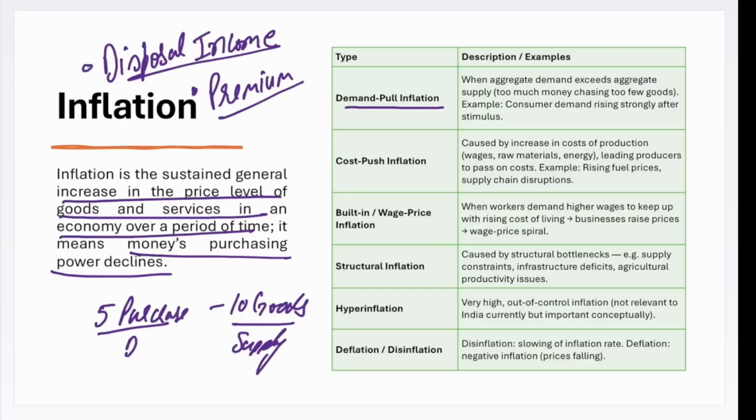Fair enough. Now suddenly the demand has gone to 15 and the supply could only be increased to 12. So what will happen? Because there is a mismatch between the demand and the supply, the prices will go up to match it. Prices will go to the level where the demand comes down by itself.